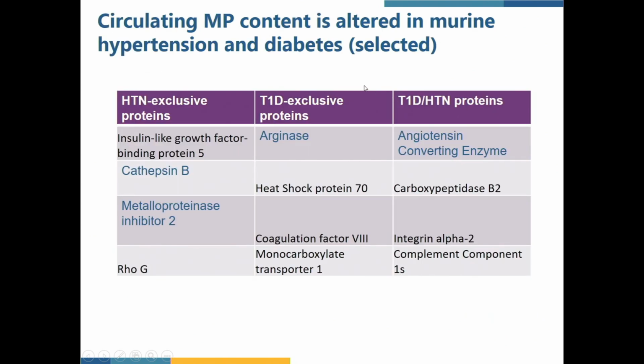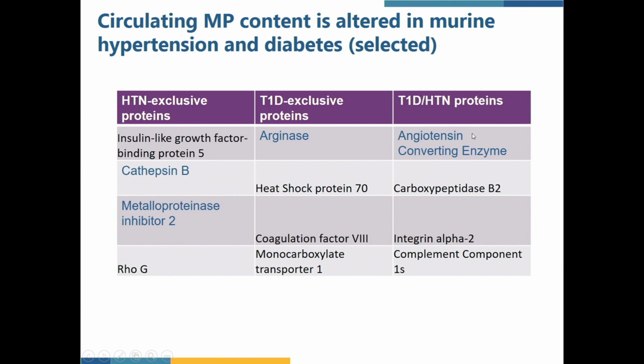And so we're at the very early stages of looking at some of these proteins, but a couple of them became interesting in terms of their role in vascular disease. So for example, in type 1 diabetes, we found that arginase was really only found in our diabetic mice and not in the hypertensives or the wild types.